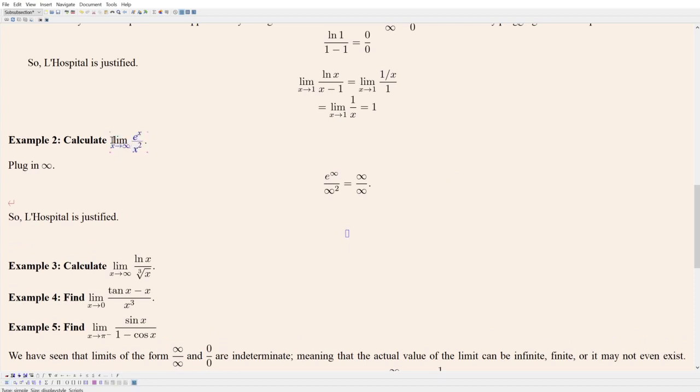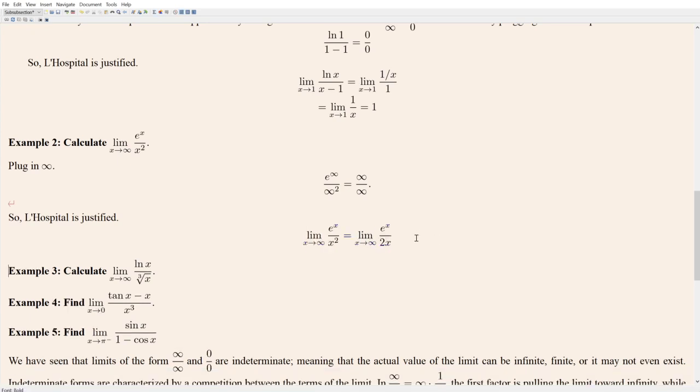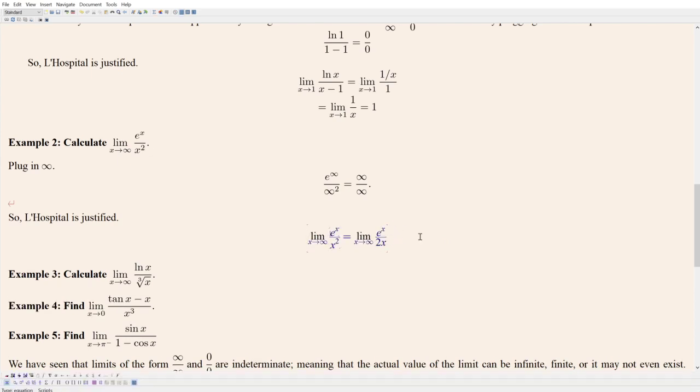Okay, so let's replace the top and the bottom with their derivatives. So the derivative of e to the x is e to the x. The derivative of x squared is 2x. Okay. Well, now if we attempt to plug in infinity again, we get infinity over infinity yet again.